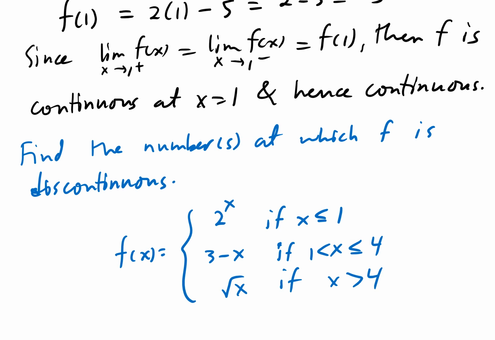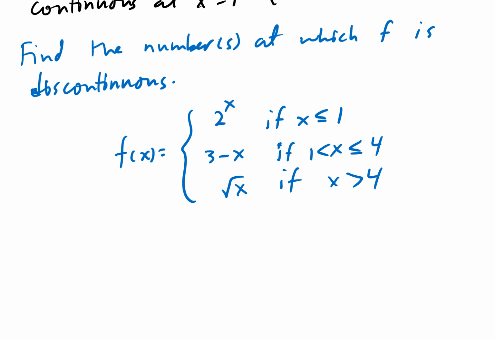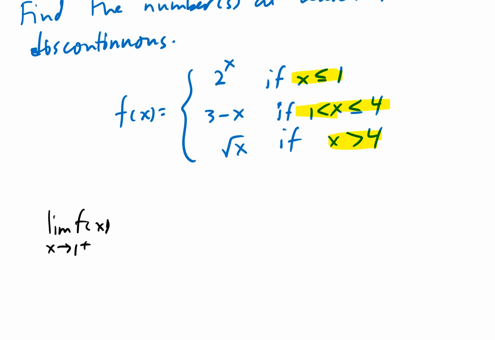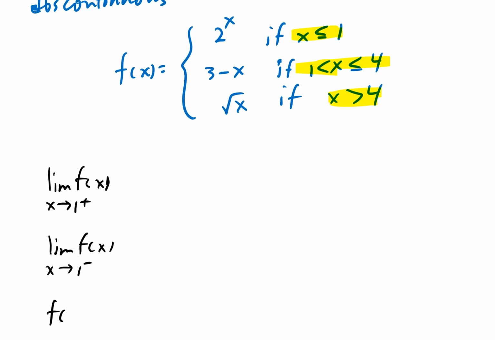So what do we do here is, they said find the numbers. We usually look at the conditions, as I said. I see two numbers here. I see 1 and 4. So we need to check out what happens at 1 and at 4. We need to find the limit of f of x as x approaches 1 from the right side, and then the limit of f of x as x approaches 1 from the left side, and then find f of 1 and see if they're going to be the same or not.